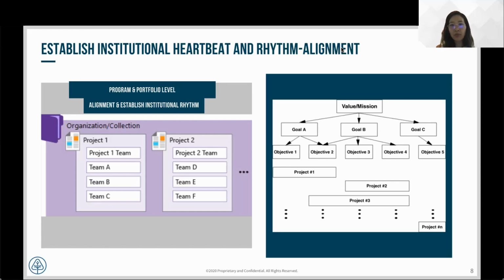You may have multiple objectives, so 1 through 5 in this case, that can be conducted by different Scrum teams using sprint goals. And that process needs to be aligned to bigger goals at the program level. And then again, that needs to be further aligned at the higher or larger scale level with the institutional value and mission.